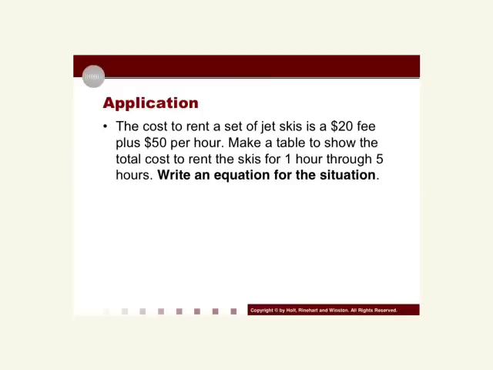So here's another one. It says the cost to rent a set of jet skis is a $20 fee plus $50 per hour. Make a table to show the total cost to rent the skis for 1 hour through 5 hours. Write an equation for the situation. So again, the $20 fee just happens one time.